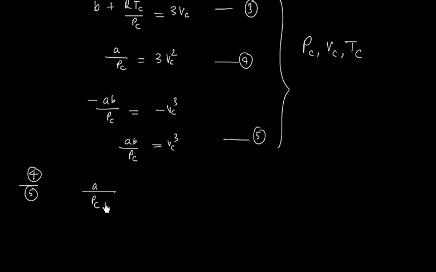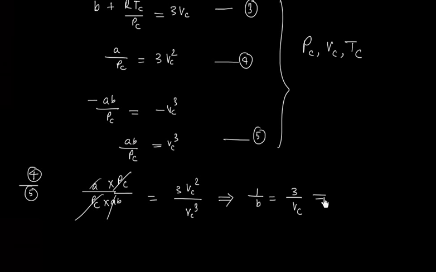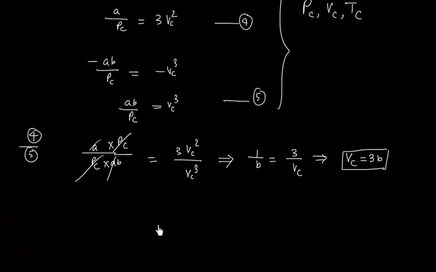We will have A by Pc over AB by Pc is equals to 3 Vc square by Vc cubed. So Pc goes, A goes, so we will have 1 by B is equals to 3 by Vc. So from here we can write Vc is equals to 3b.